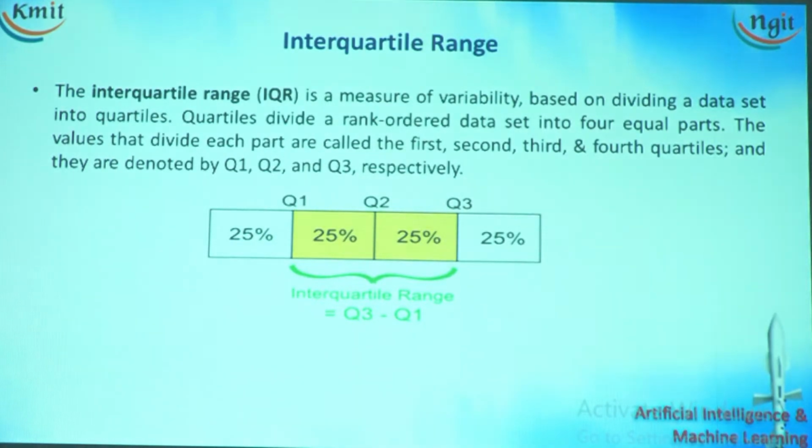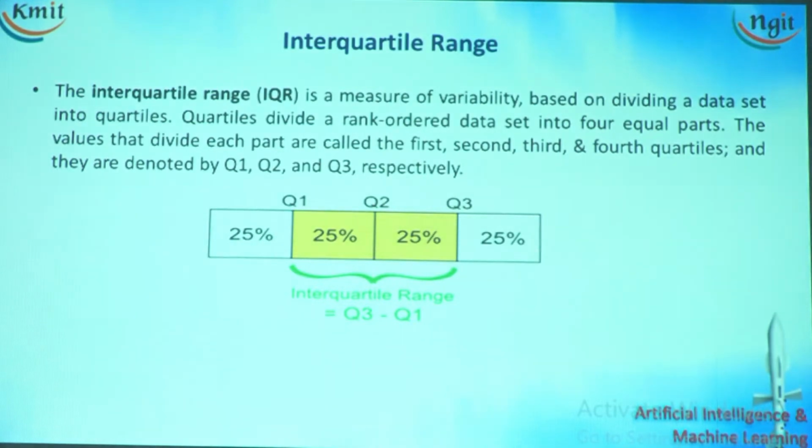So technically, if somebody asks you to define the interquartile range, it is the difference between the 25% and 75% of your data, if I am talking about percentiles. If I am talking about quartiles, then it is Q3 minus Q1, third quartile minus first quartile. So I can define IQR in terms of percentiles or quartiles. 0 to 25% is the first quartile.